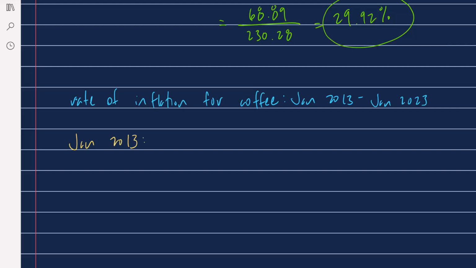So for coffee, in January of 2013, the index number was 213.34. January of 2023, it was 239.827.